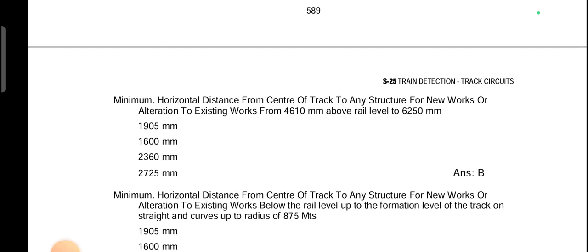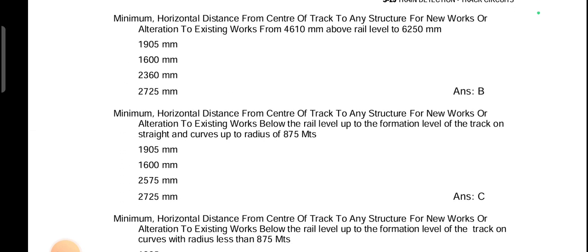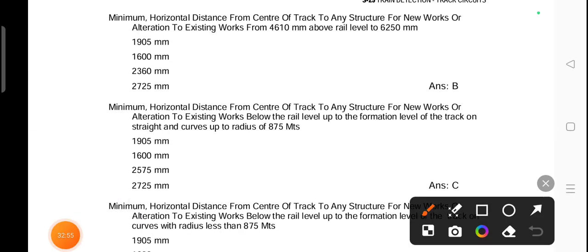Next, minimum horizontal distance from center of track to any structure for new works or alteration to existing work from 4610 mm above rail level to 6250 mm: 1600 mm.